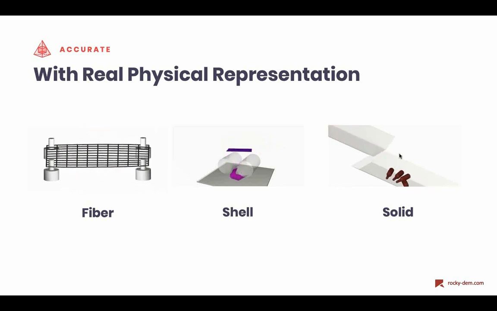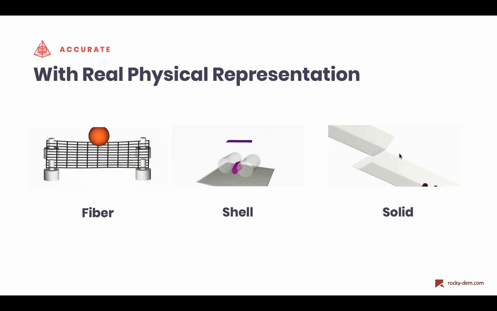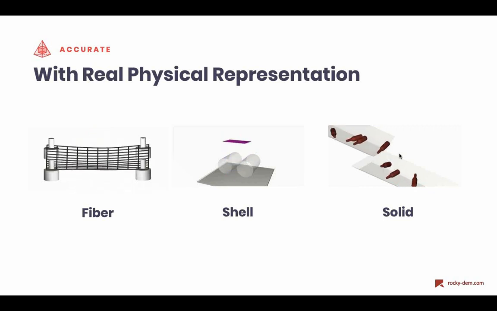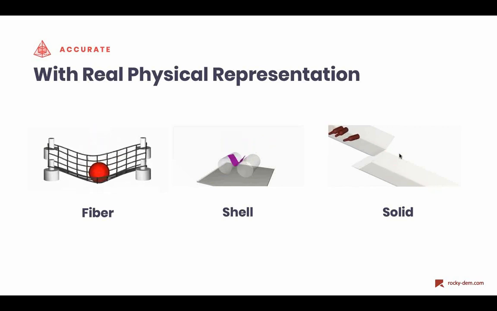We can have 2D particles like shells, which you're seeing here as textiles coming through these roller cylinders. And we can have the 1D particle like fibers. All of these you are seeing right now can be rigid or flexible.